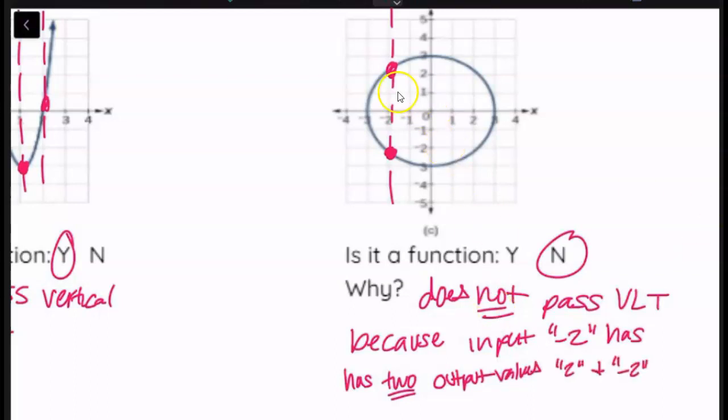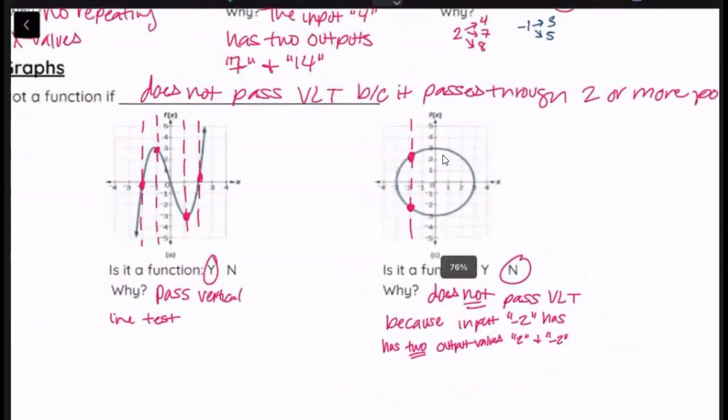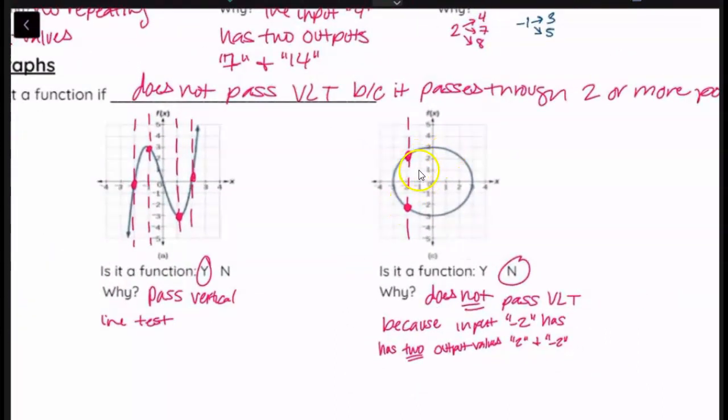So notice it has 2 right here and -2. Or you could just say it does not pass the vertical line test because it intersects twice. No matter where I draw my line, I will get 2 intersections.